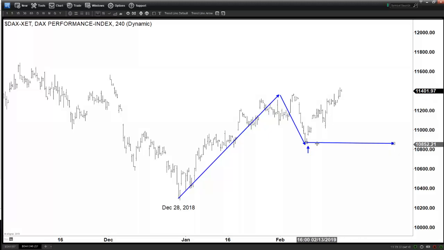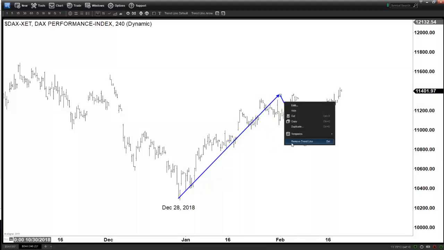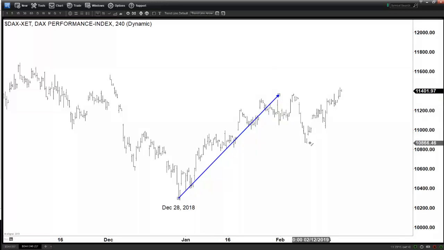Now, what will be the alternate? Well, the alternate is going to be two things. Number one is that this leg truncates, so we do not get an extension higher to reach at least the same length as this. That's what we call truncation in EWF.